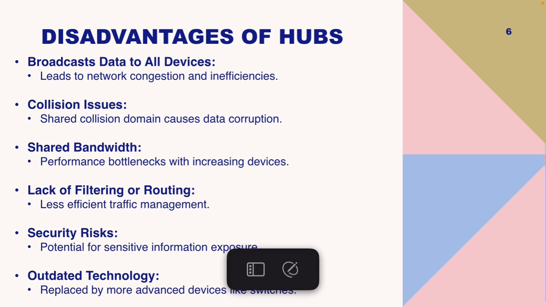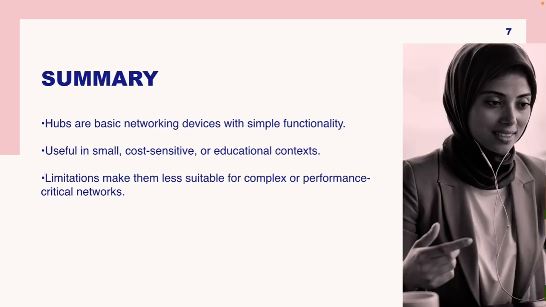Switches, for example, manage traffic more efficiently by directing data only to the intended recipient, meaning in switches we need the address of that device for proper routing of the message, and routers provide additional functions such as IP routing and network segmentation. So hubs are considered outdated because they lack the advanced technology. This is all about the hub.